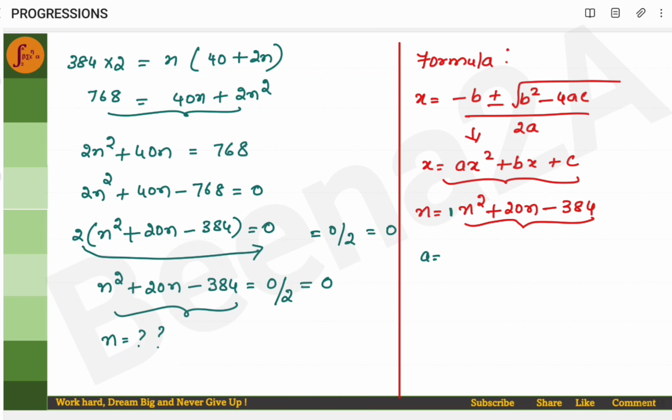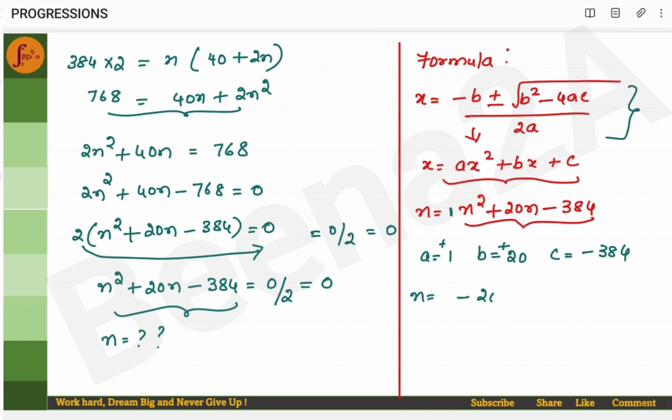There is nothing here, that means you assume 1. What is the coefficient of n? It is 20. What is c? C is just the number. Just put the sign, never forget the sign. This is plus 20, this is plus 1, this is minus 384. Always put the sign.